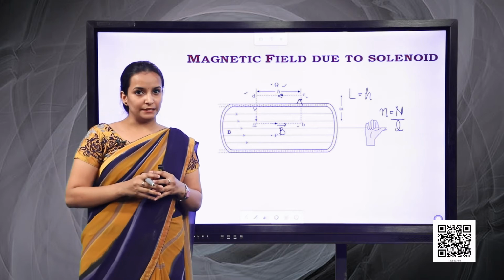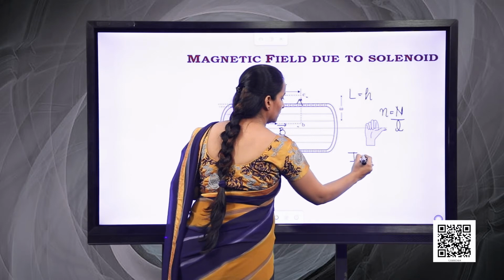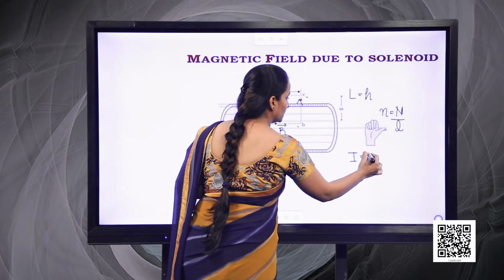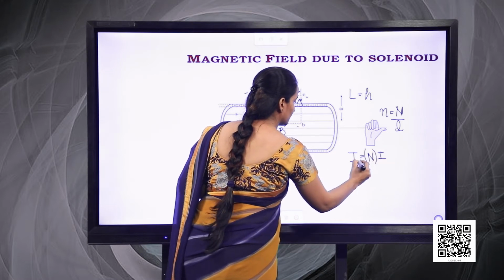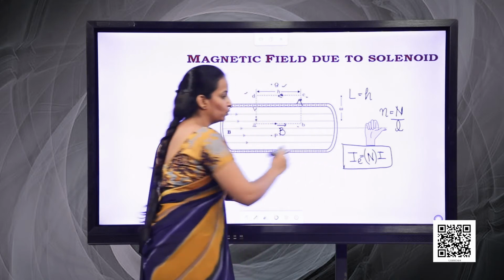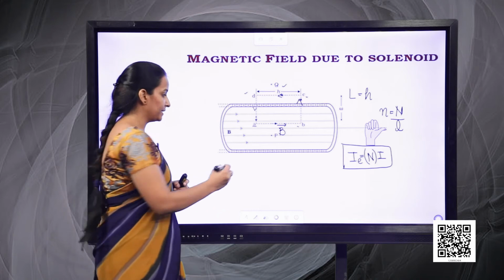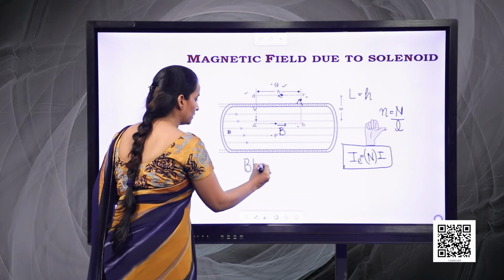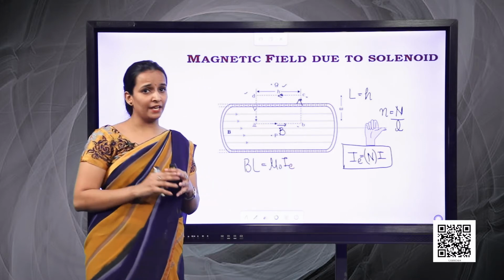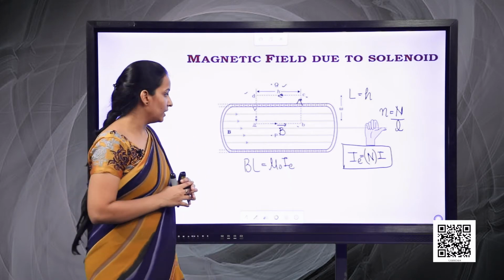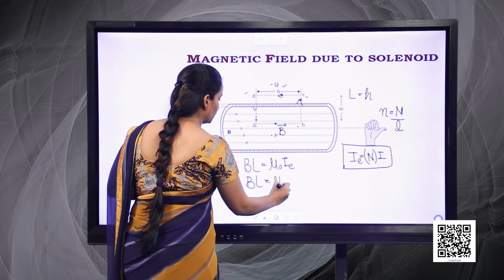The enclosed current I_E will be the total number of loops times the current in each loop. So, from Ampere's circuital law, we can write BL equals mu naught I_E. Here I_E is the total current, which is written as BL equals mu naught I.